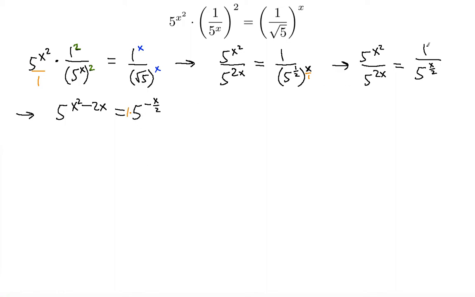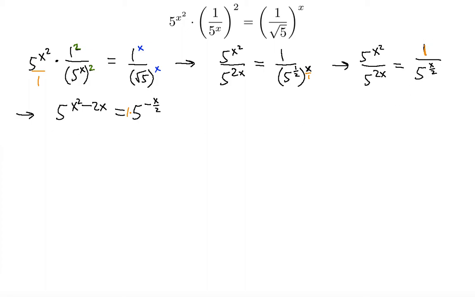So 5 to the negative, it's not a negative number, be sure you understand. The negative simply means it flips. It may be negative when it comes to the power, but essentially the first meaning of the negative is that it's actually flipping, right? It makes sure that 5 to the x over 2 is on the bottom, not on the top.